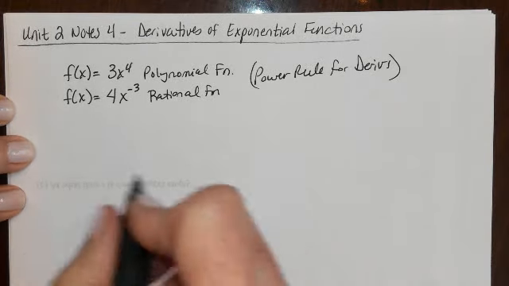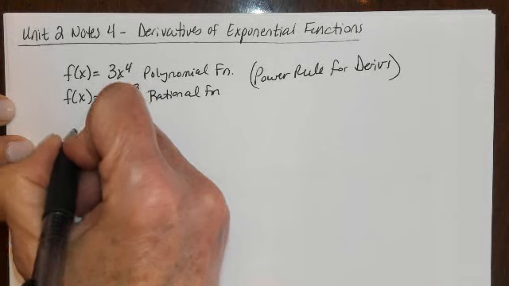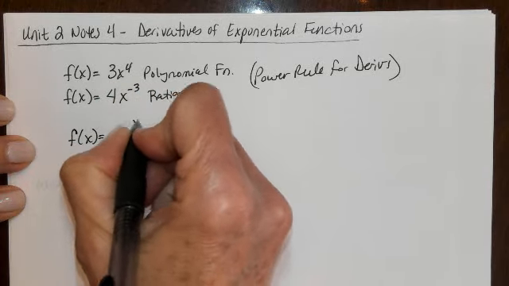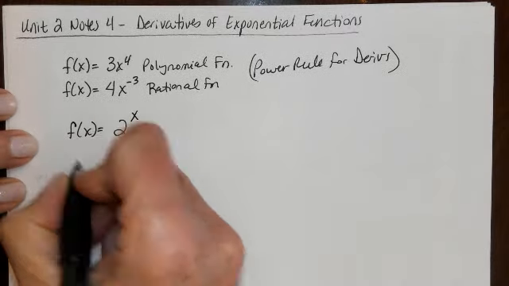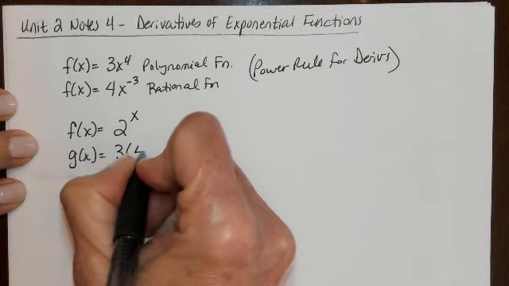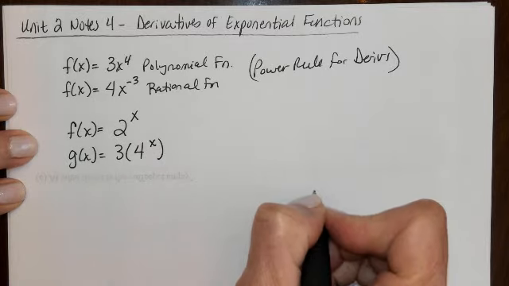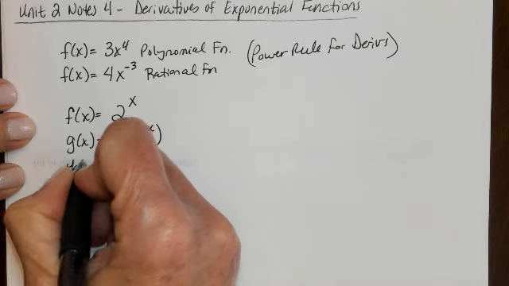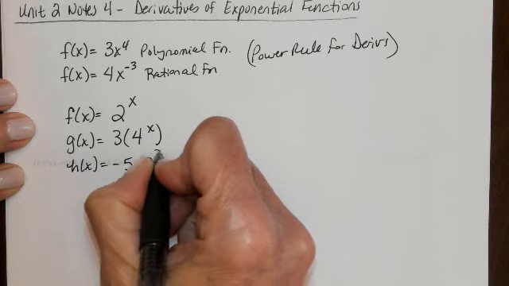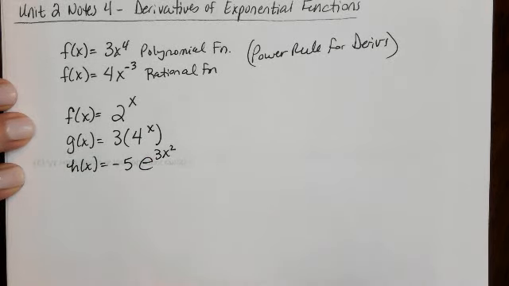For an exponential function, here's an example. f of x is 2 to the x. Here's another one. g of x is 3 times 4 to the x, or negative 5e to the 3x squared.